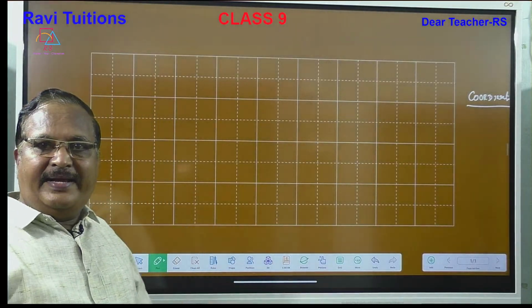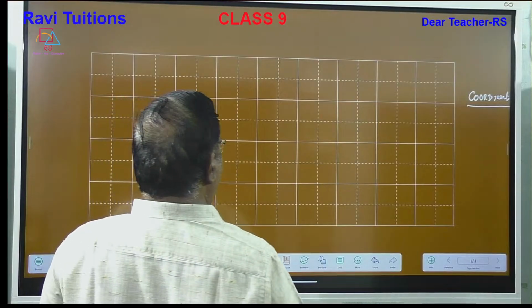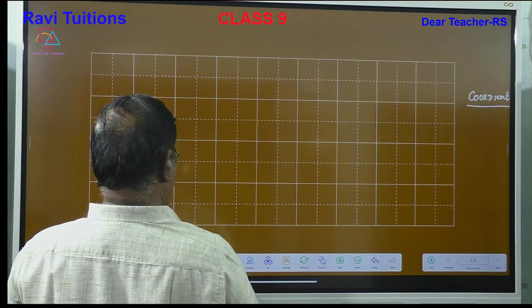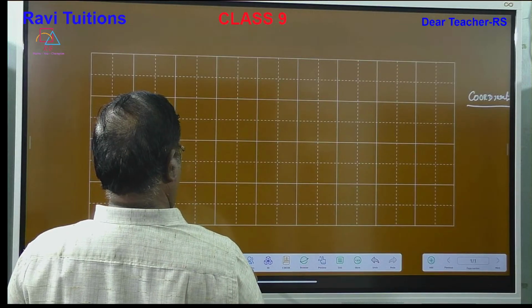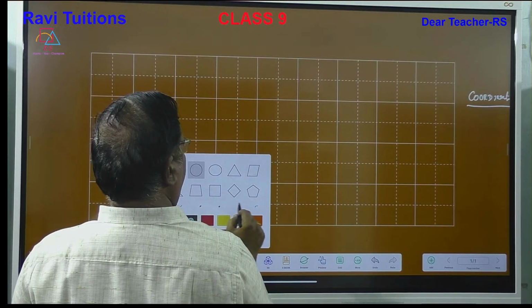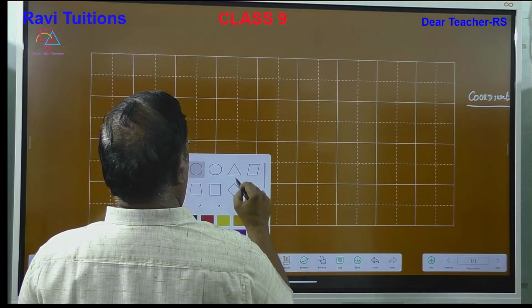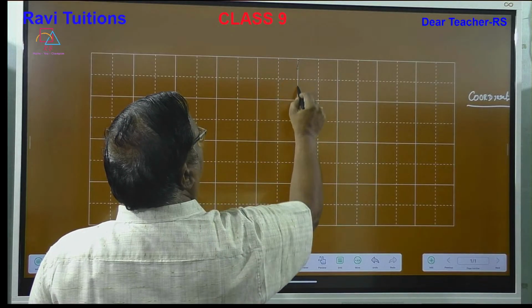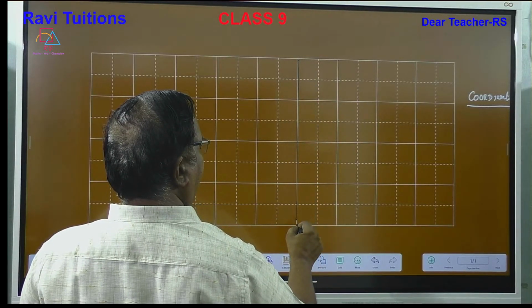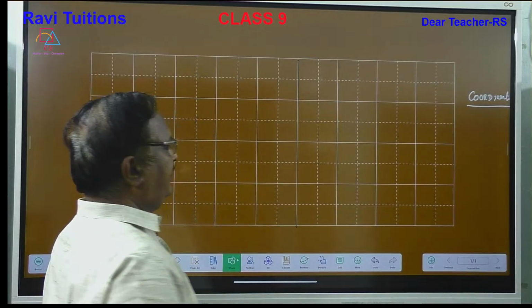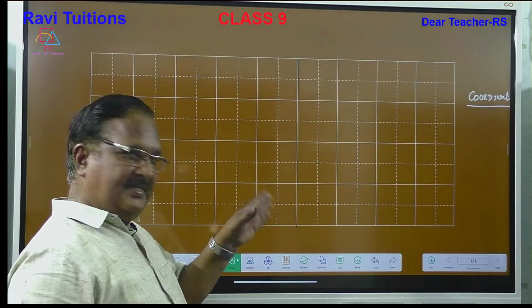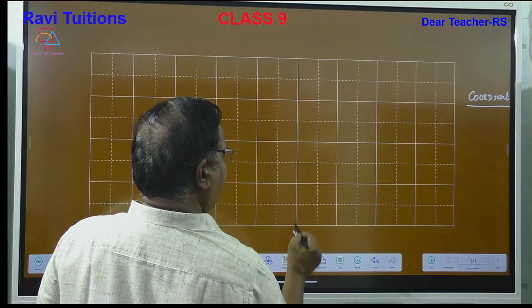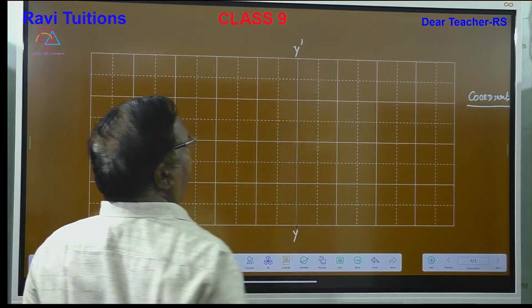Suppose there is no negative. If I draw a line from here like this, this is the y-axis, this is y dash.